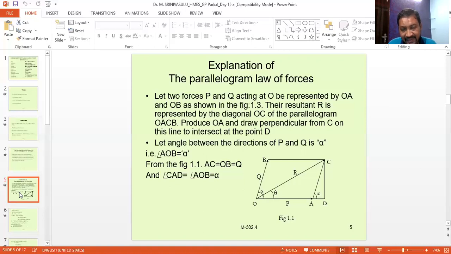Therefore CD is equal to AC into sin alpha. Similarly, in the triangle CAD, cos alpha is equal to AD by AC. Therefore, AD is equal to AC into cos alpha.